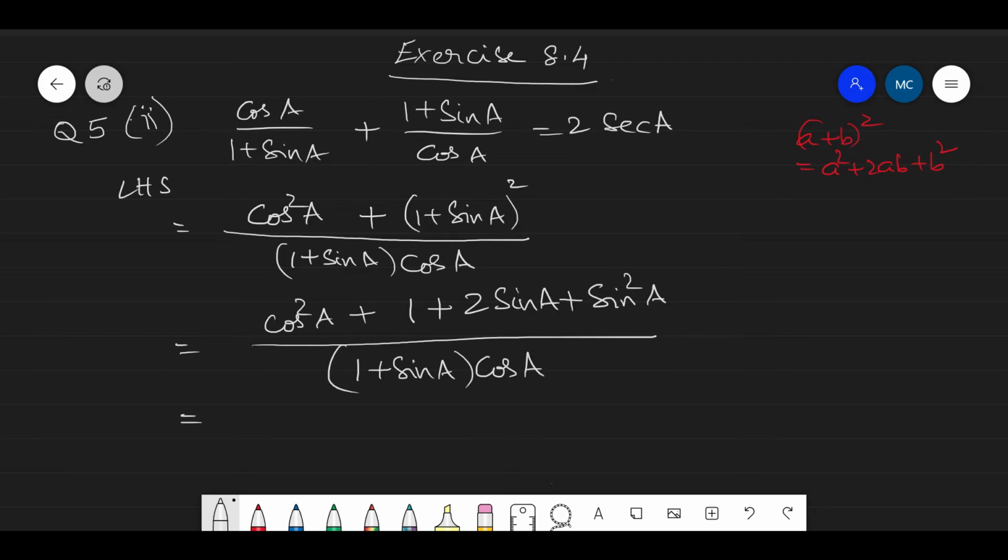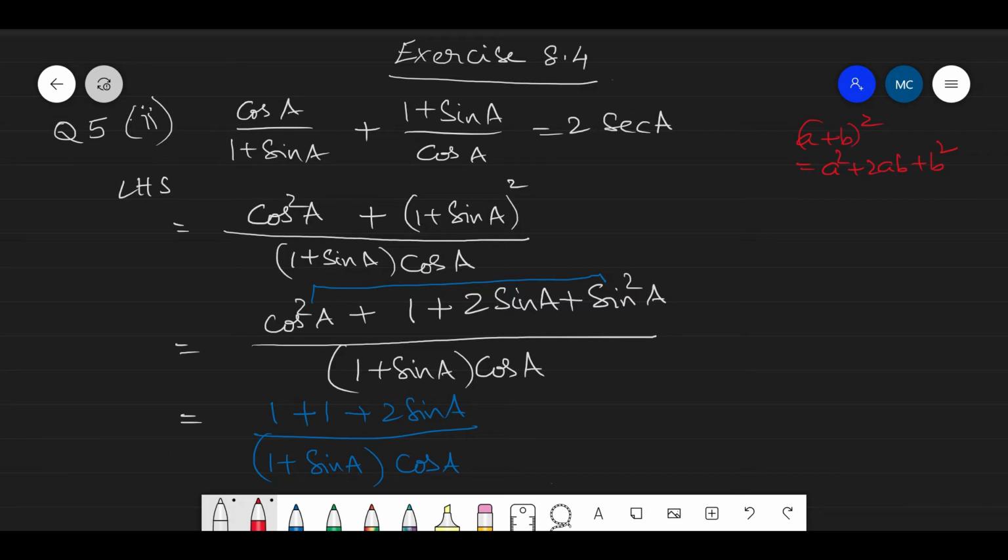Now this cos square A plus sin square A will become 1, plus already 1 is there, that 1 plus 2 sin A by 1 plus sin A into cos A. Here we applied the identity sin square A plus cos square A is equal to 1.